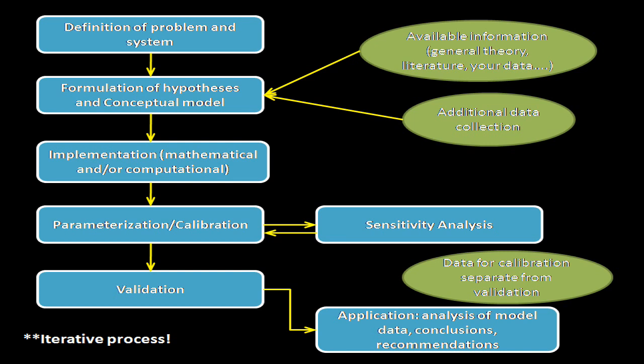So it becomes a loop rather than more of a streamlined flow towards application. But this is part of the challenge, and I guess part of the excitement of the process of modeling.